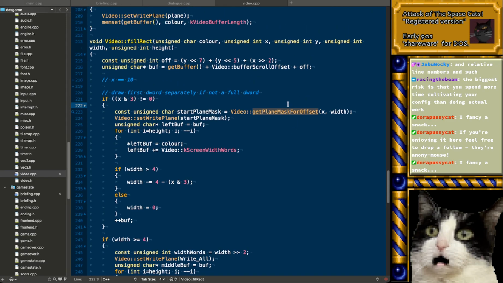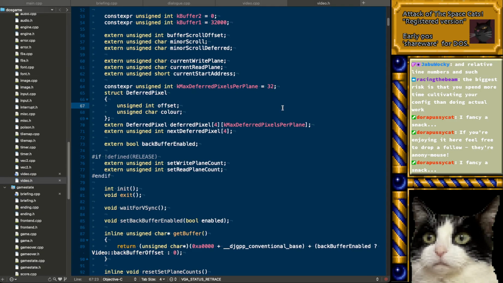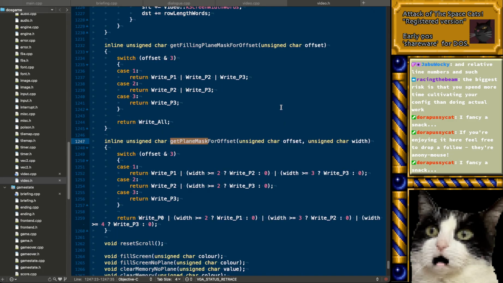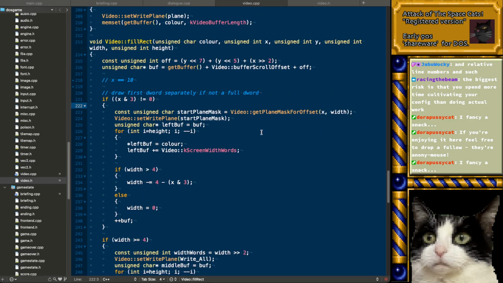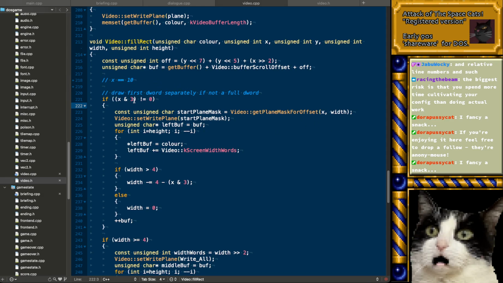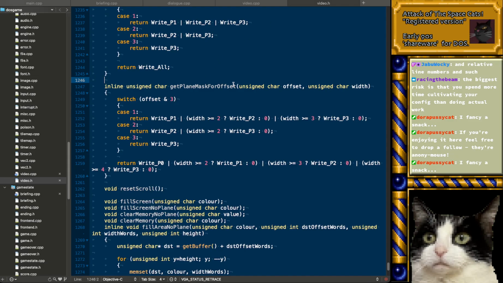Alright. Video get plane mask for offset. That is probably inlined. Get plane mask. There it is. Right. What's coming in here? X is 10. X mod 3 is certainly not equal to 0. Get plane mask for offset 10, 2. Offset mod 3.